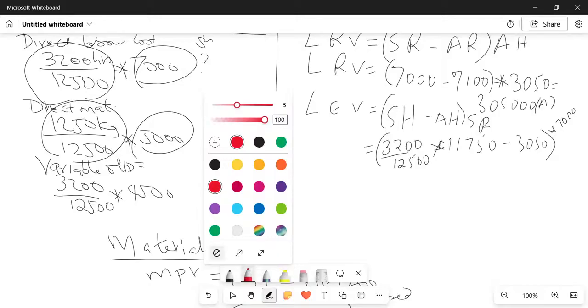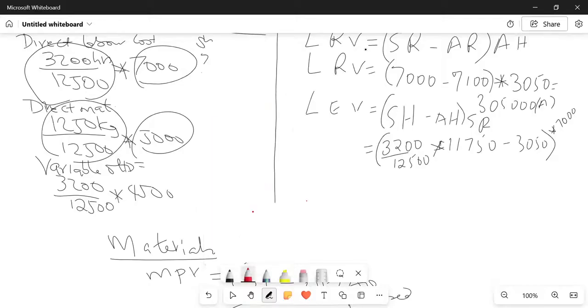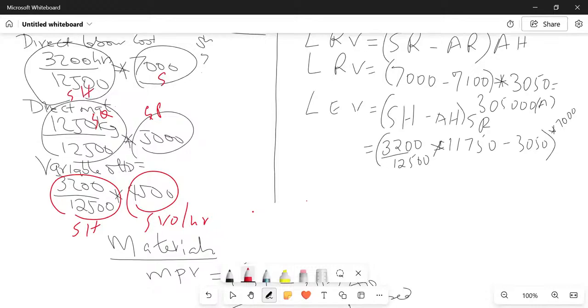These ones are hours, standard hours. And this is standard variable overhead per what here, somebody? Per hour. These are kgs, what we call the standard quantity per unit, and this is standard price. These are standard hours, and this is what we call the standard what here?